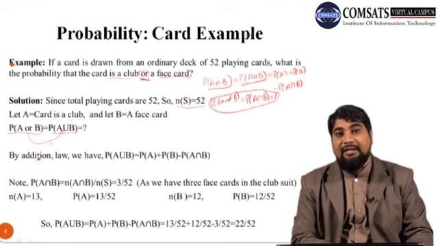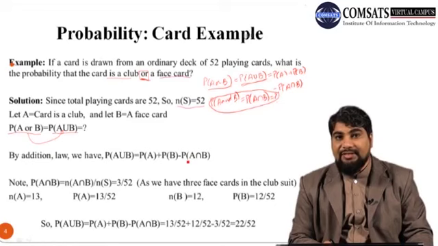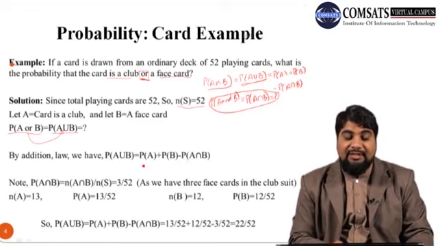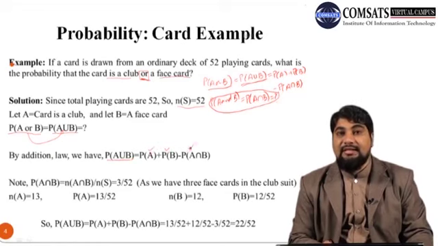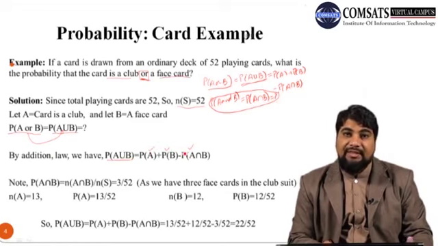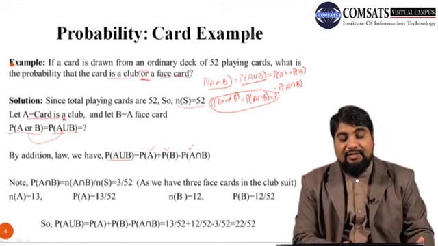By the law of addition we know that probability of A union B is probability of A plus probability of B minus probability of A intersection B. So in order to calculate A union B, we need to calculate all these three probabilities. Let us calculate them one by one. A is the event that the card is a club.